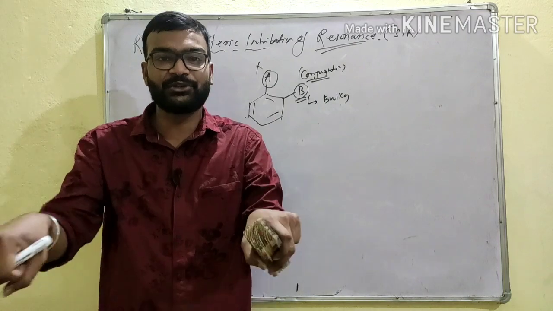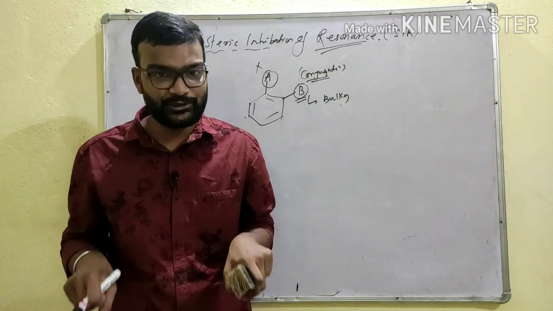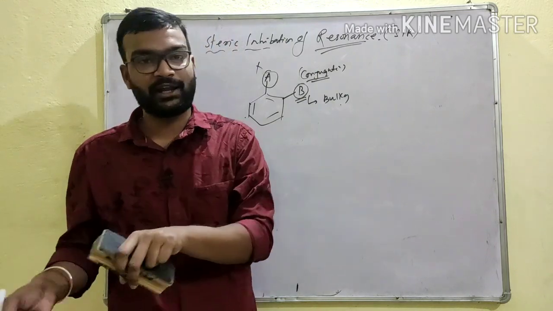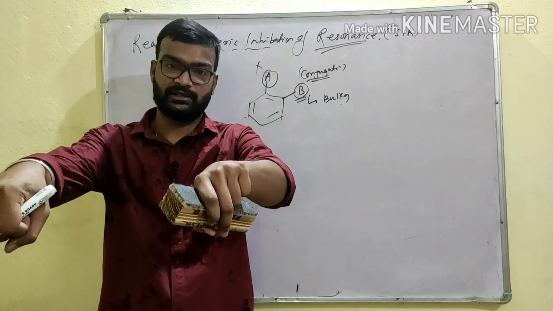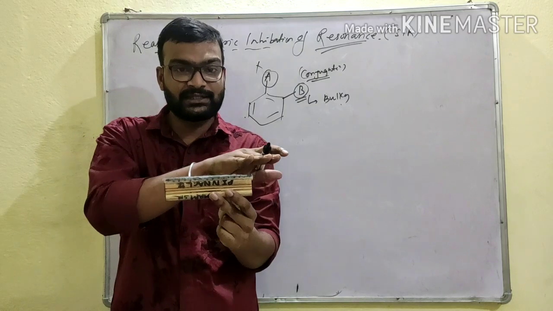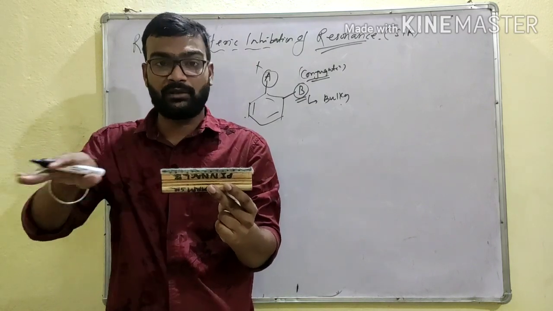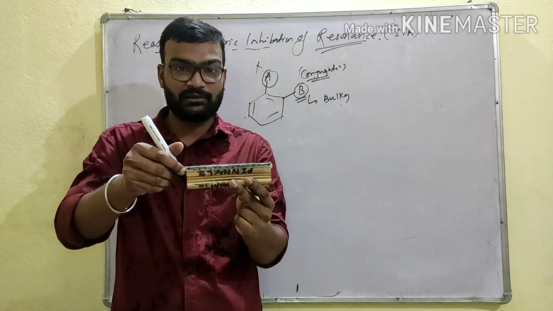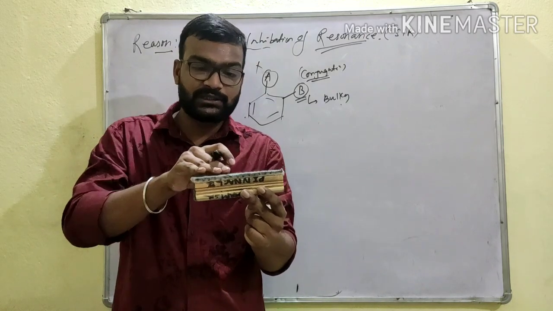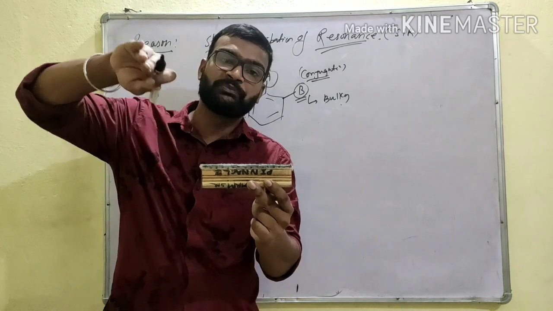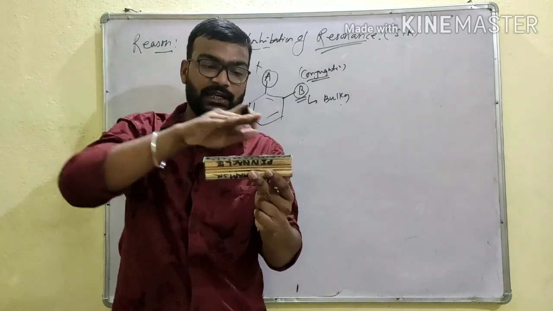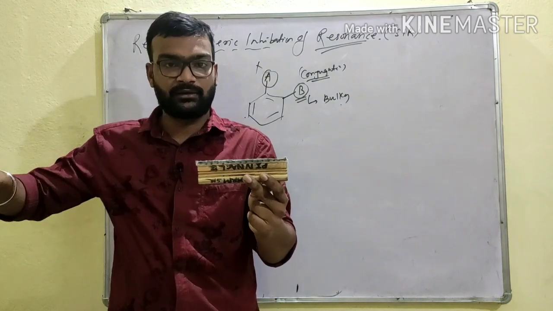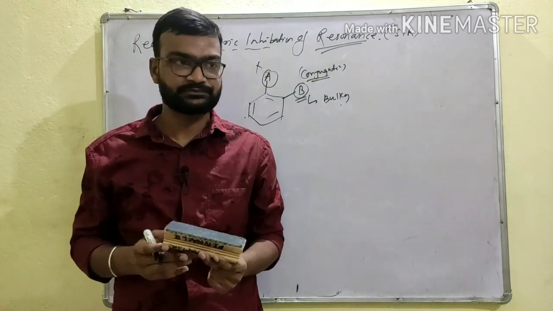You are traveling in your resonance car, and the condition is you cannot go left, you cannot go right, you can only go straight. That means the molecule should be in one plane. If there is an out-of-plane condition, the electron is not going to flow like this. The electron only flows in a straight line in one plane. This is the criterion of resonance.